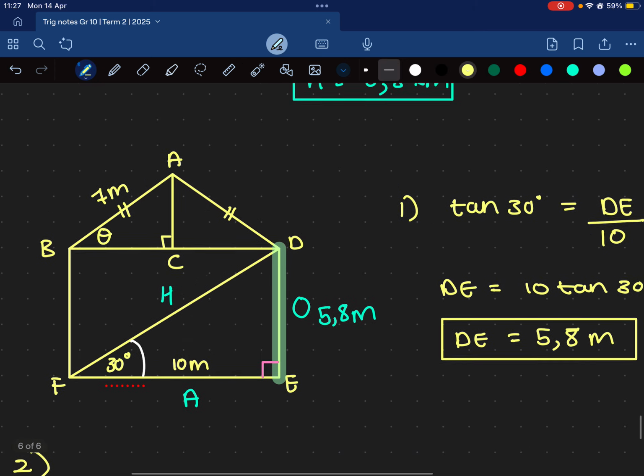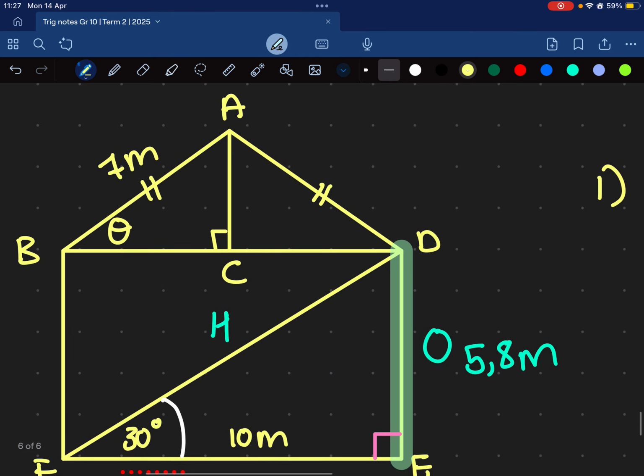So if I look at this triangle here, there's some given information and some information that I can surmise from what I have. So the first thing I know is, okay, well, this is 7 meters because those two sides are equal. That was given. And now they want to know what theta is.